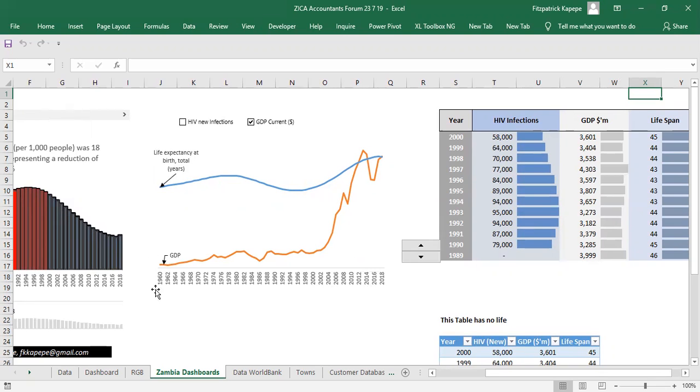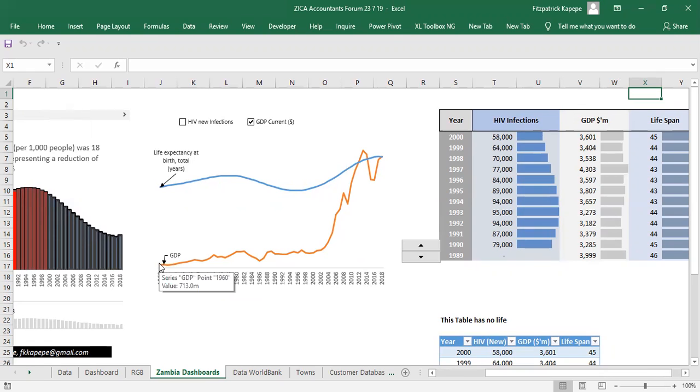Then I was also interested in checking specifically on the GDP and the leadership. Before 1964, this was a colonial era.